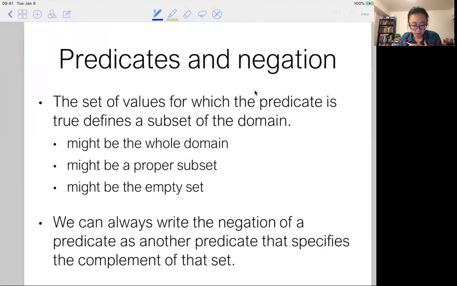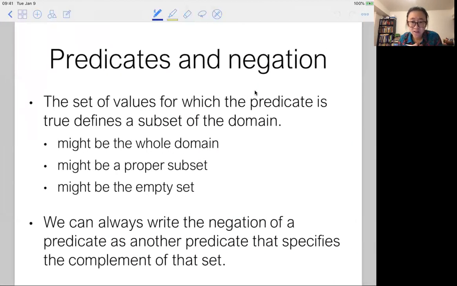Now let's look at predicates and negations. The set of values for which a predicate is true defines a subset of the domain. Sometimes it's the entire domain, or sometimes only a proper subset, meaning not the entire domain.